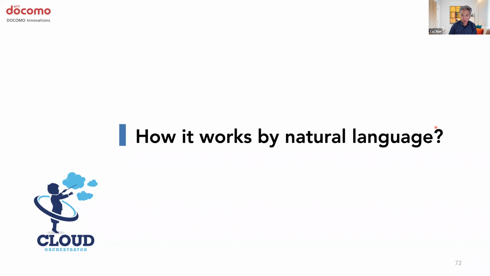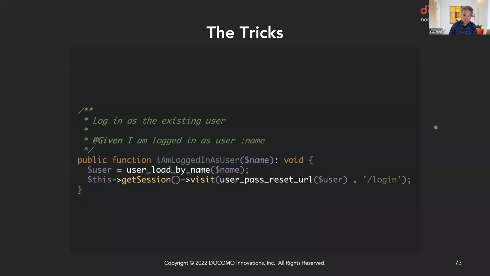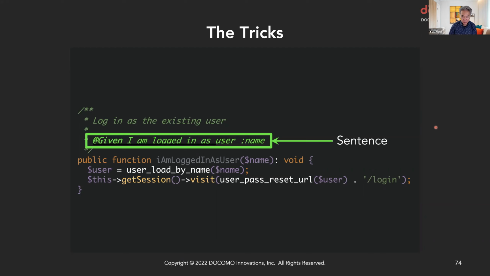So then my next question came up. How does it work with natural language? Actually, the Mink extension and the Drupal extension PHP libraries working with the Behat command define certain programming logic in PHP like this. The trick is that the method header includes the @ symbol keyword, in this case @Given, and the sentence in this example.